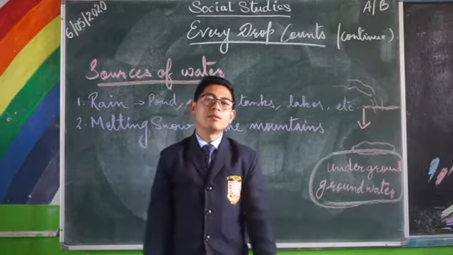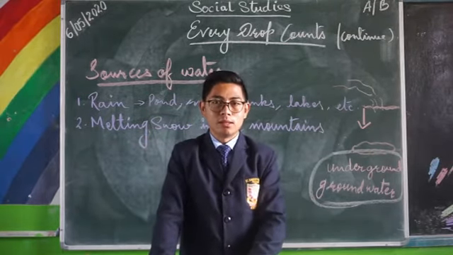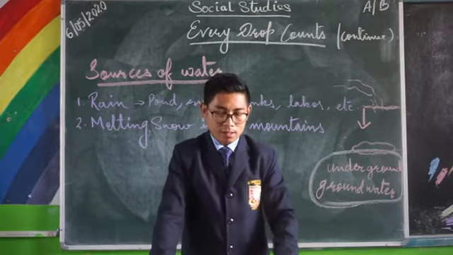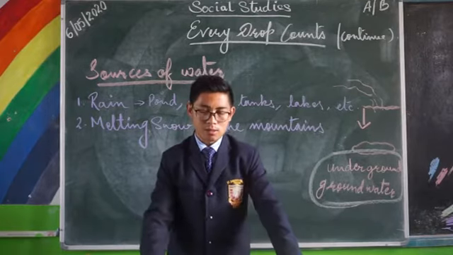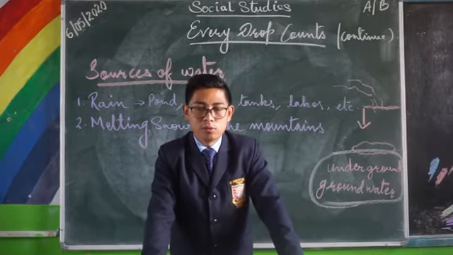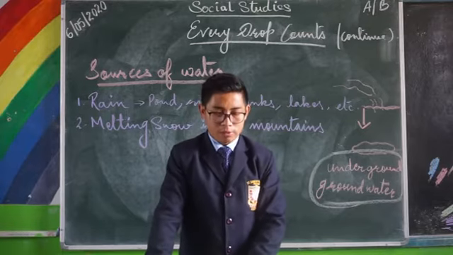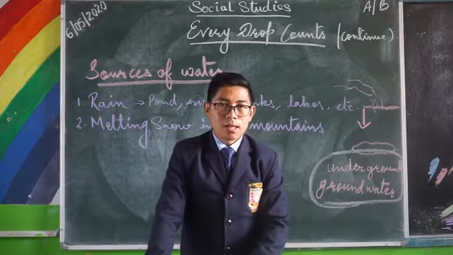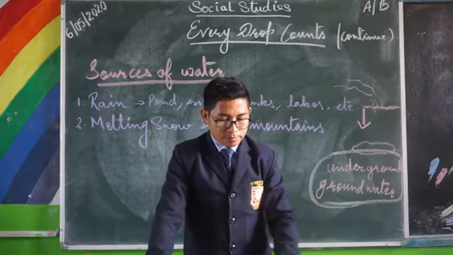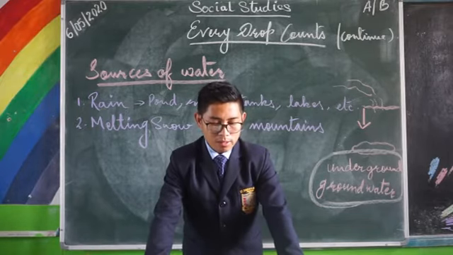Though we have lots of water bodies on this earth, not all of this water is drinkable or useful for our daily lives, because it is too salty. There is always a shortage of water.